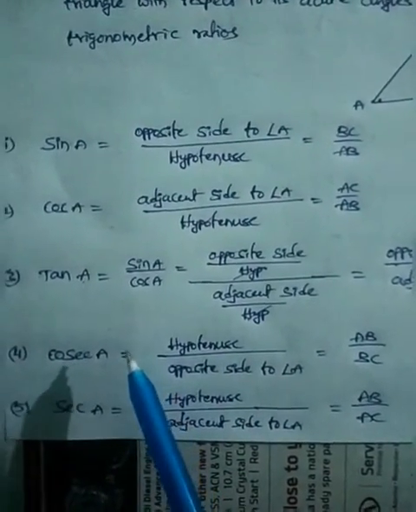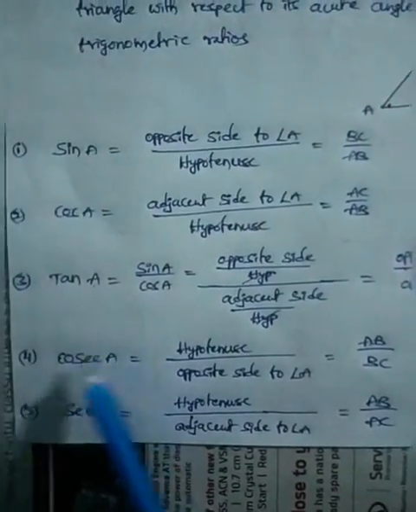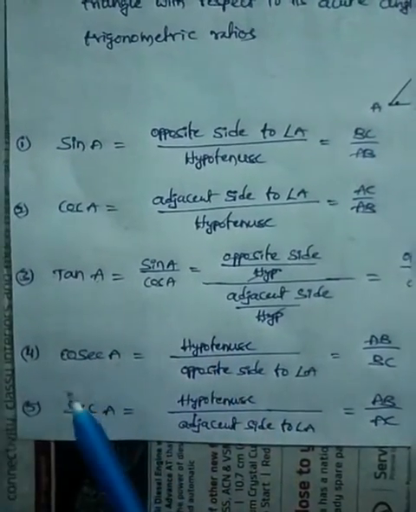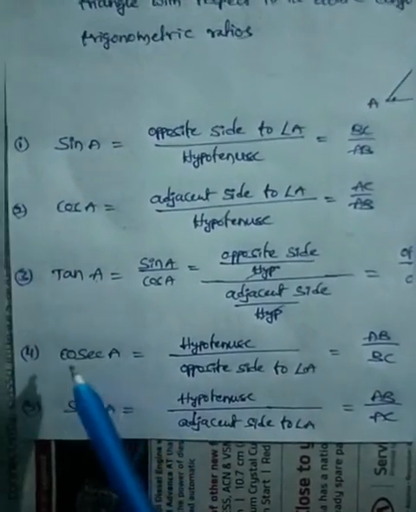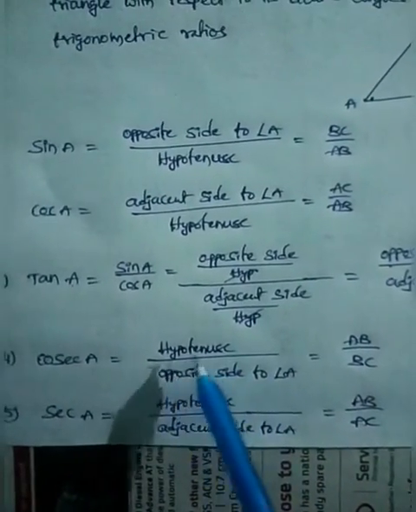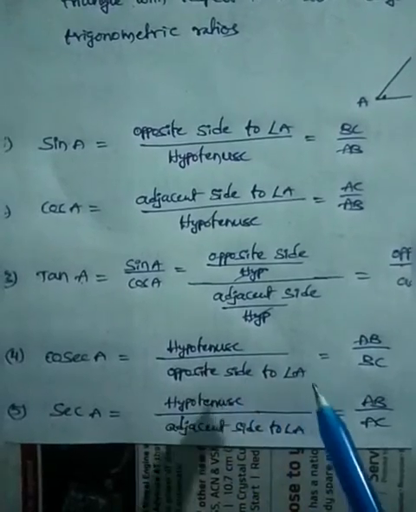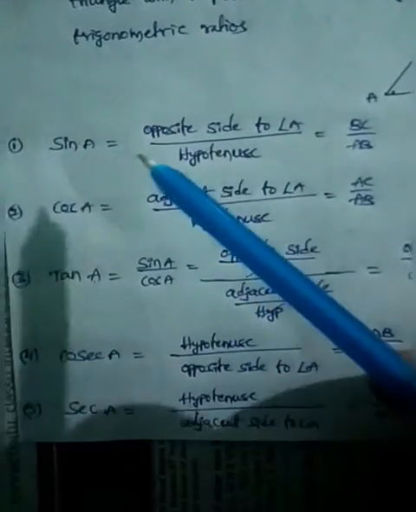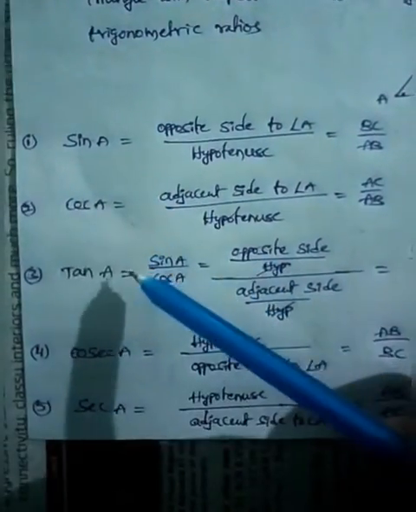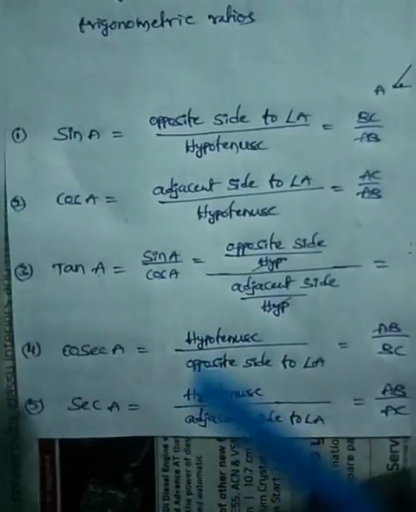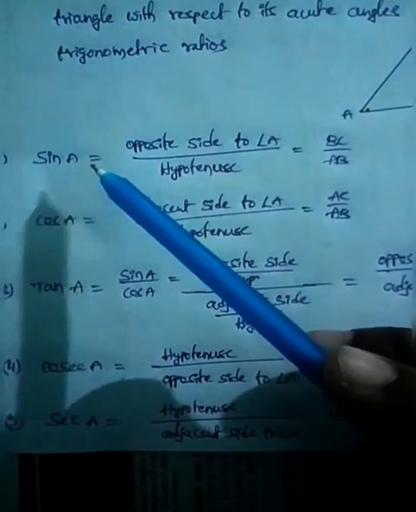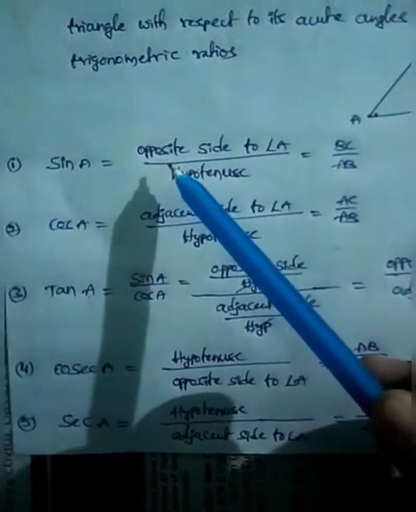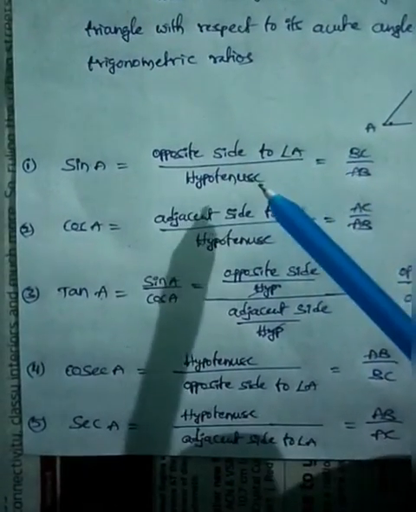Cosecant A means hypotenuse by opposite side to angle A. Children, if you learn the first three formulas, you can write the remaining three, because cosecant A is the multiplicative inverse of sin A. Sin A means opposite side to angle A by hypotenuse.